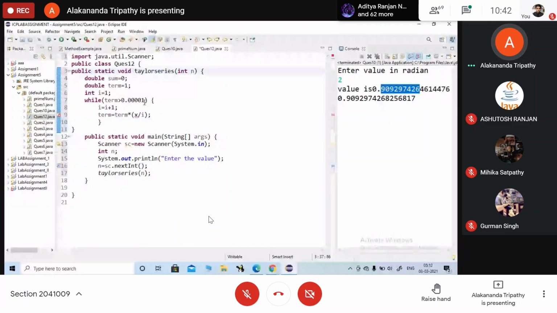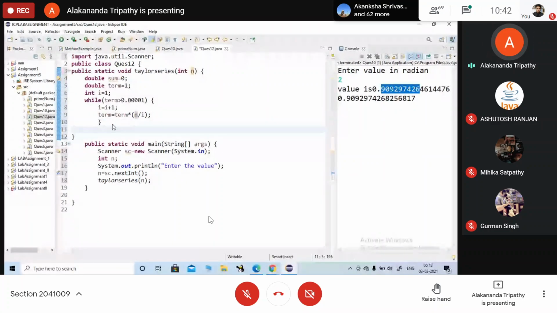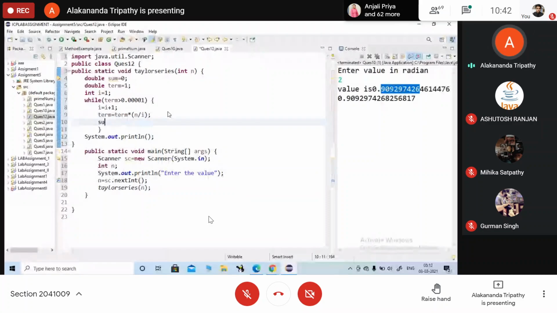So here it is n. System dot out dot println the value. And will you not compute the sum? Sum is equal to sum plus term. Println sum.